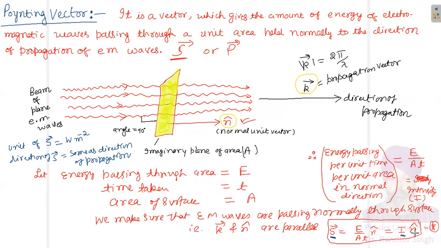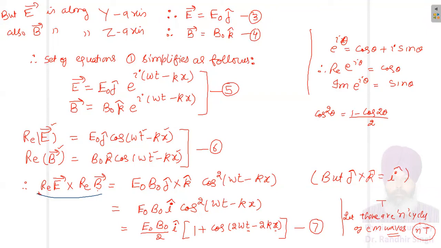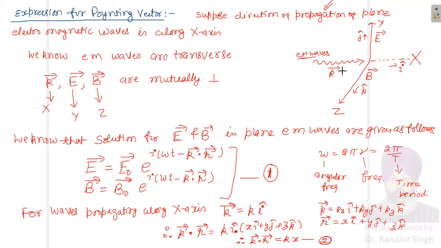N cap is a vector in the direction of propagation of the EM waves. But in this article we have assumed that EM waves are traveling along the x-axis.